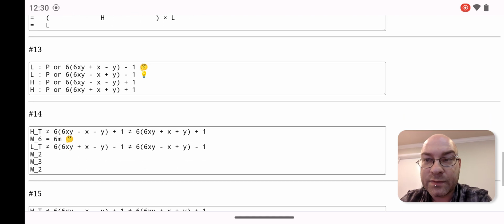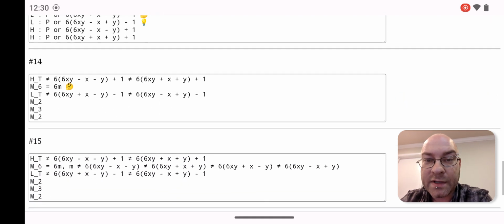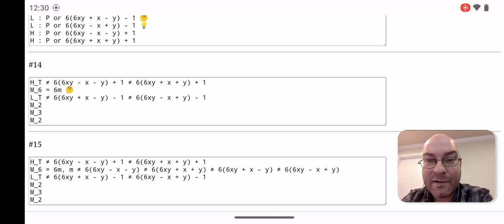Well, yes, I guess we can. What we can say is that for the multiple of 6, that is 6m, we know something about m based on what's around it. m cannot be any of those forms, either the 2 for the high twin prime, and it cannot be the 2 forms for the low twin prime. It can't be any of those 4 forms.